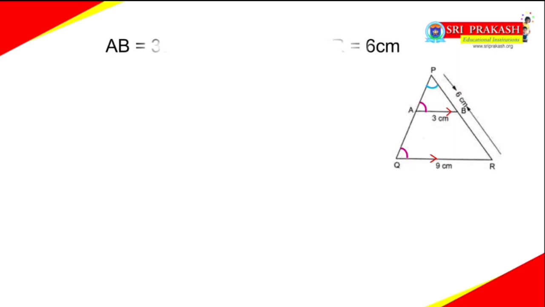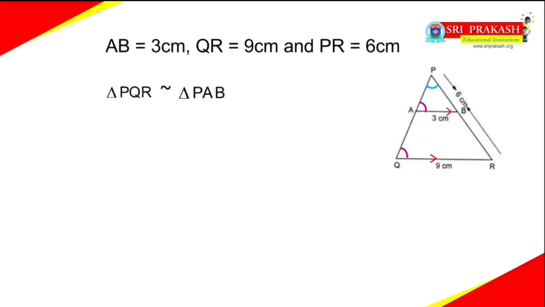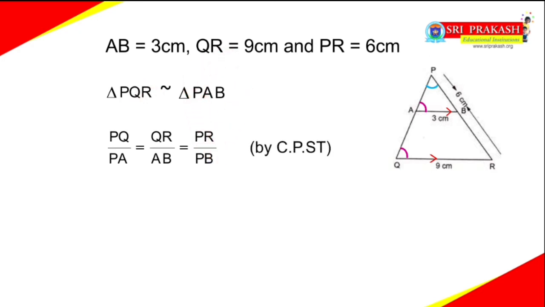Next, children, we know that if two triangles are similar, then the ratio of the pair of corresponding sides are equal. Then we get PQ by PA is equal to QR by AB is equal to PR by PB by CPST.